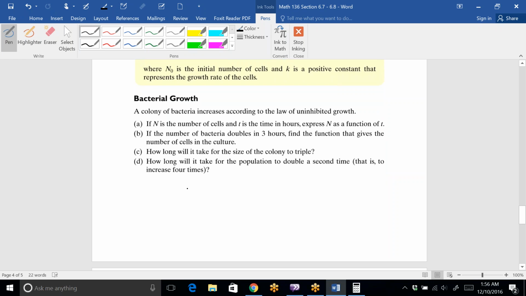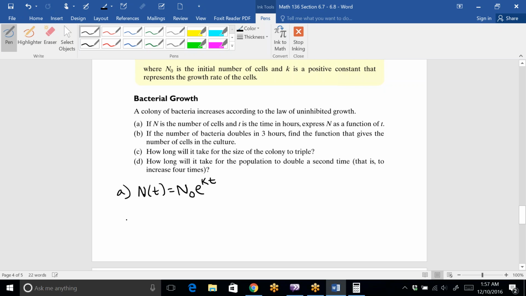A colony of bacteria increases according to the law of uninhibited growth. If n is the number of cells and t is the time in hours, express n as a function of t. So that would be, for A part, n of t equals n sub 0 e to the kt.